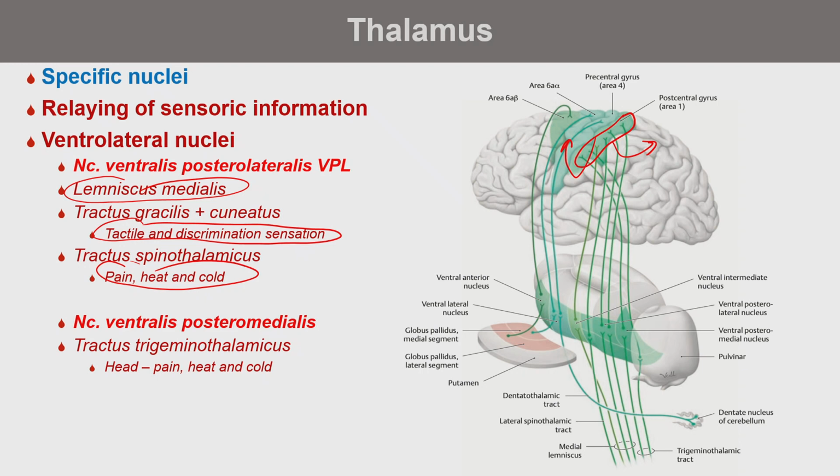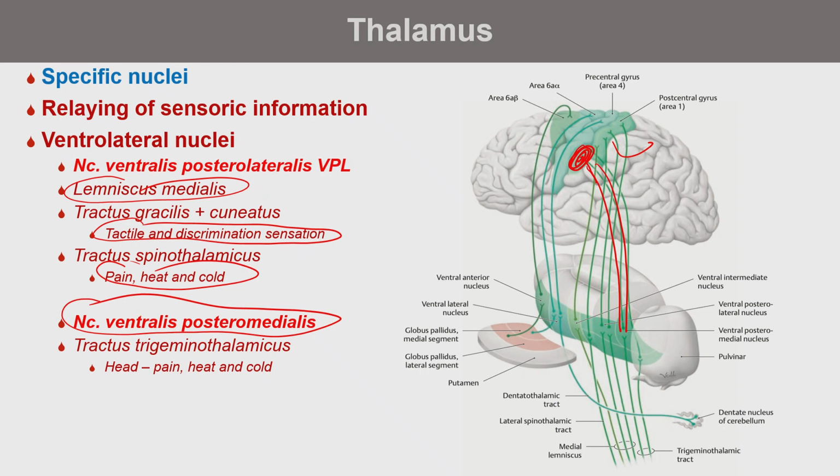So the posteromedial part has the same input, but from the head, from the trigeminothalamic tract. So then it has the projection to the lower part, where there is a projection of the head from the trigeminal.